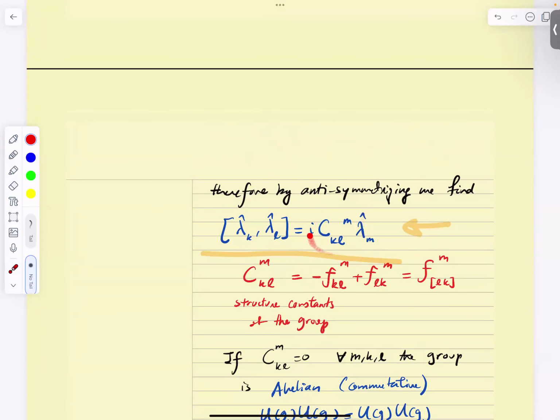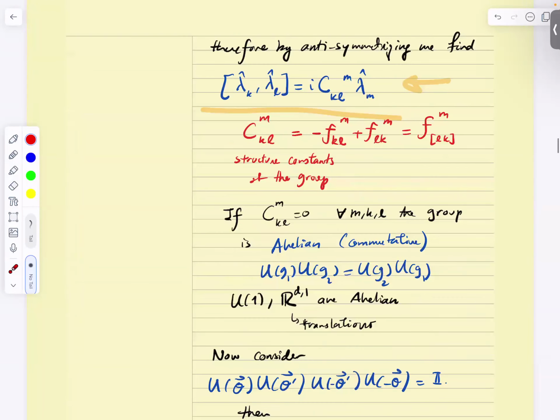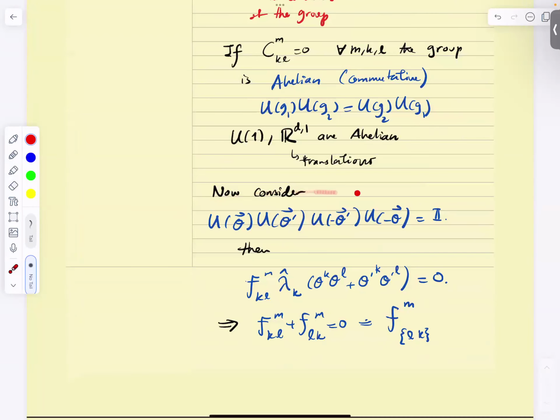We know that these structure constants are related to the F_KLM, but anti-symmetrized. Can we do better? Oddly, we still have one more independent relation. I don't have the intuition to tell you why, but this is a new relation: U(theta') times U(minus theta') times U(minus theta) has to be identical.